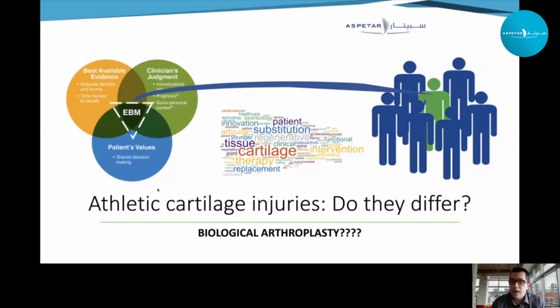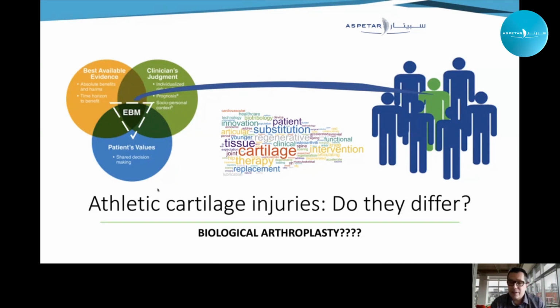we are dealing with, we know there is evidence. We know that, and we try to get our best clinical judgment based on this evidence-based medicine.